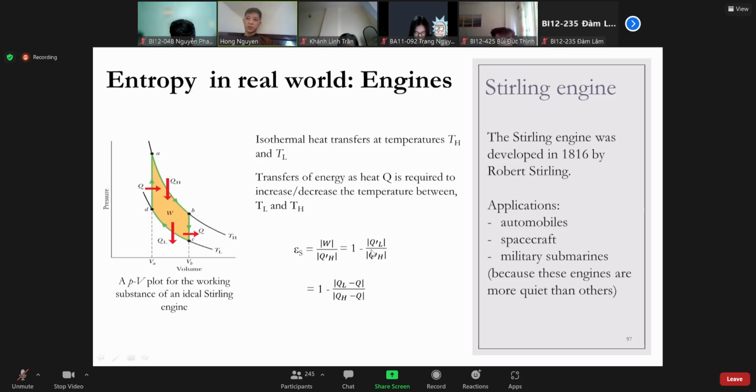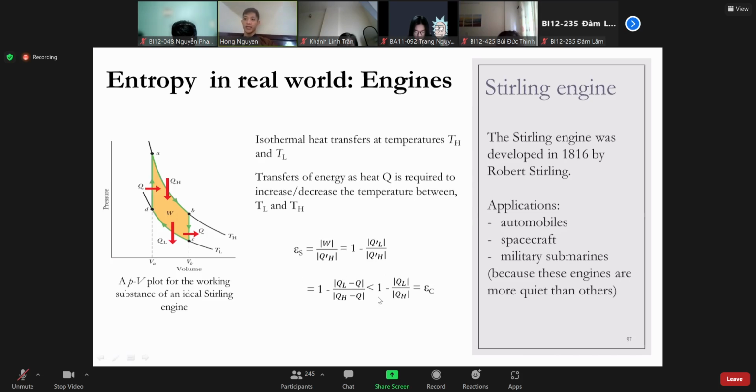So the QL here is one part here, and one part here is lost. Here also the QH here, and one part is lost for this. So QH is lost a small amount here, and QL is also lost a small amount here. Then when we calculate the efficiency, it will take this form.